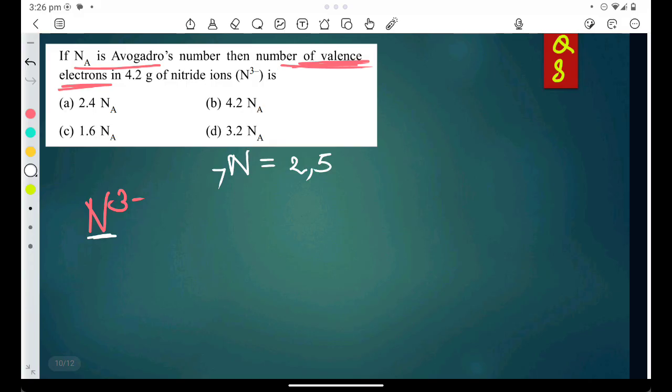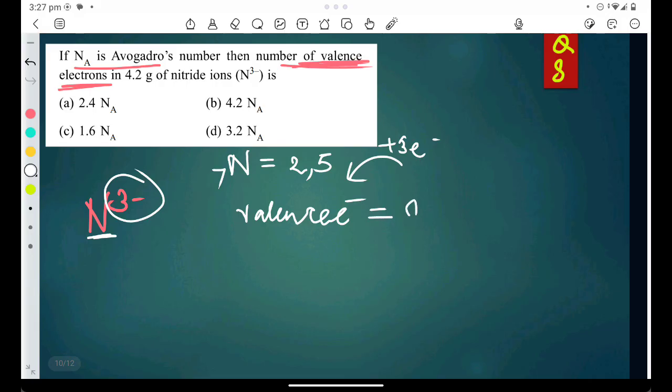Now in order to complete its octet, it has taken 3 more electrons. Like this, it has 3 minus charge on it. So the valence electrons in this case are 8 electrons. For this nitride ion, valence electron is 8.